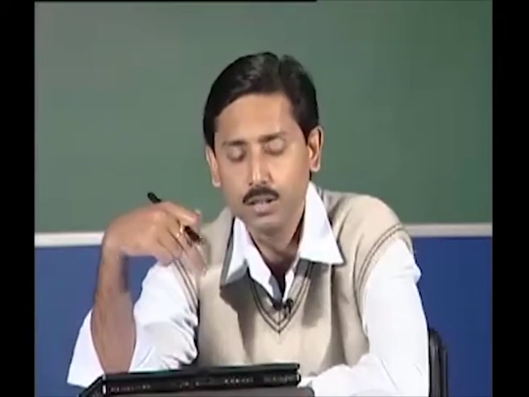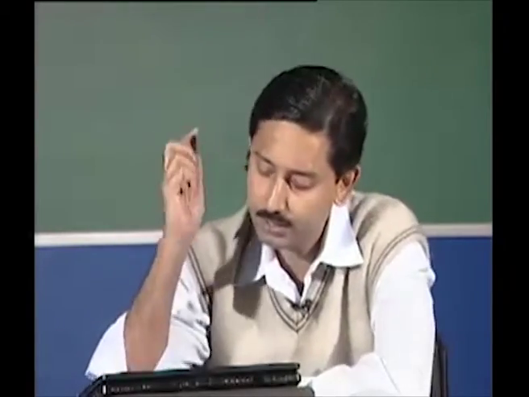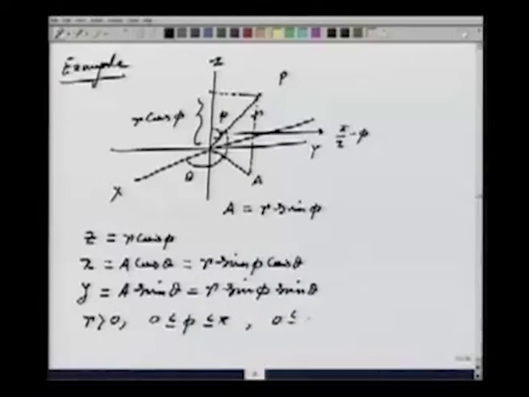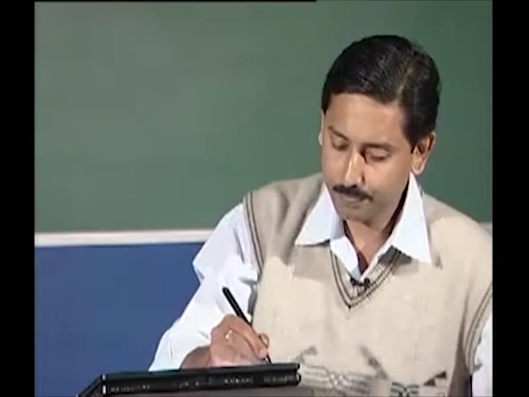So the angle it traverses is 0 to pi. Then I come to theta. Theta is our usual thing. It varies from 0 to 2 pi. Now one needs to calculate the Jacobian of this, which I leave as an exercise to you.